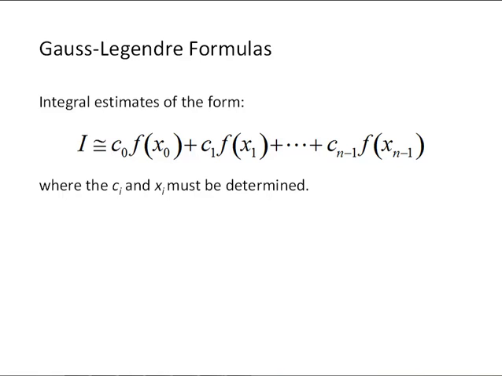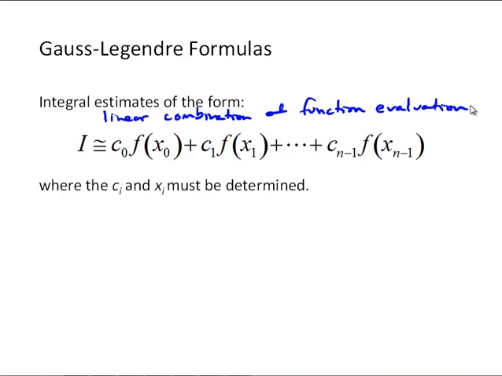The first thing we'll look at is the Gauss Legendre formulas, which are a type of Gauss Quadrature where we take integral estimates of the form I equals c0 f of x0 plus c1 f of x1, basically a linear combination of function evaluations.